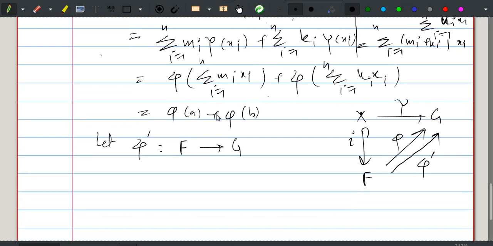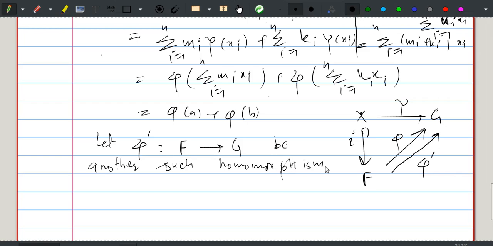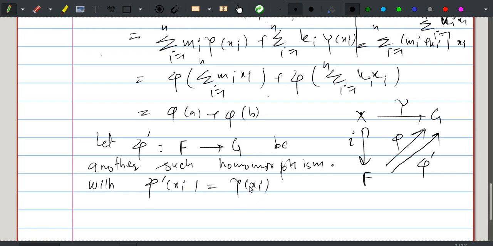Suppose phi prime is another such homomorphism from F to G with phi prime of xi the same as gamma of xi for all i.